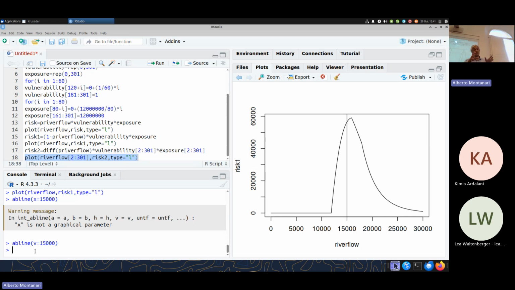So the purpose of risk estimation is precisely to make a cost-benefit analysis, which is often done in climate change adaptation, because unfortunately, very often the costs of intervention are huge, and therefore you have to evaluate whether the intervention is doable.